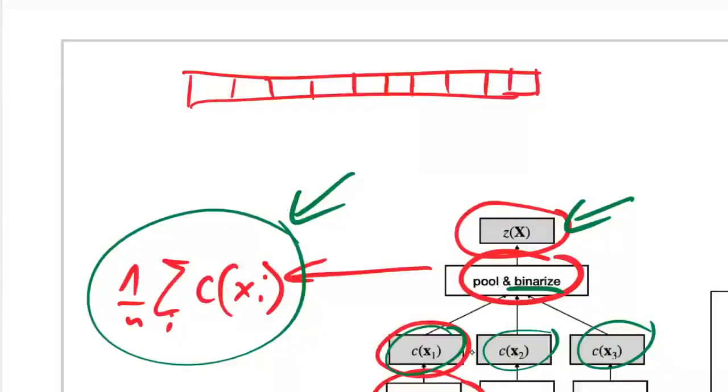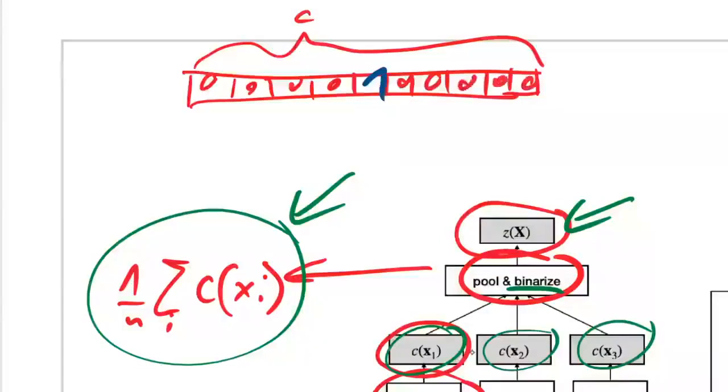So if I have C classes, I'll make C entries, right? And I'll put a 0 in all of them and a 1 where my class is, or something like this. So this would be a valid encoding for a class conditional GAN to represent the identity of the class.